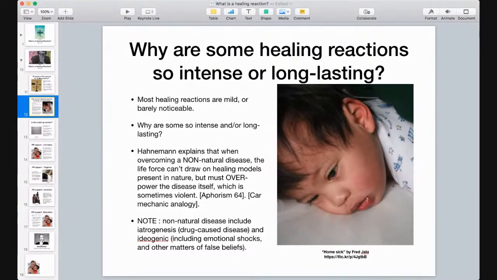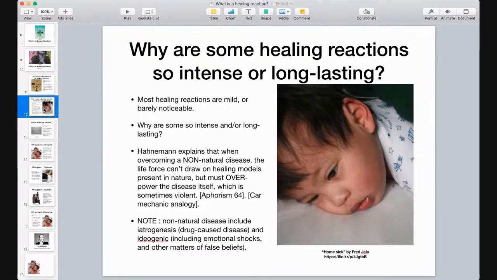But regardless, the concept is right here, and that is the more intense or long-lasting healing reaction is a function of when our life force is having to overcome a non-natural disease. If we are dealing with a more typical natural disease, the healing reaction follows its typical form. It's pretty much a non-event, a very mild event.